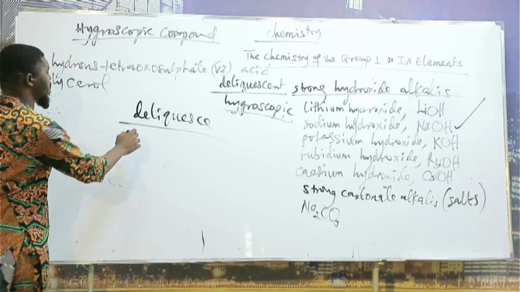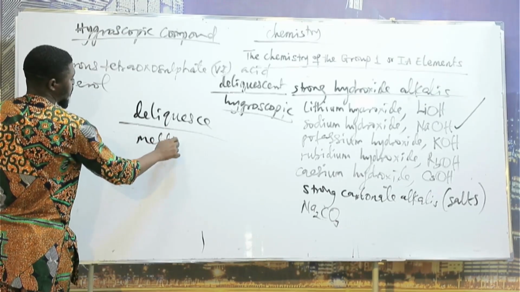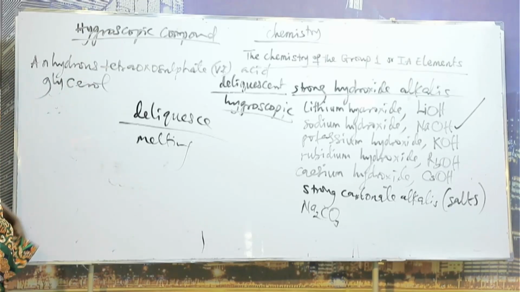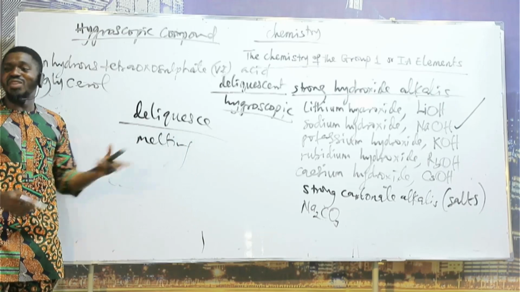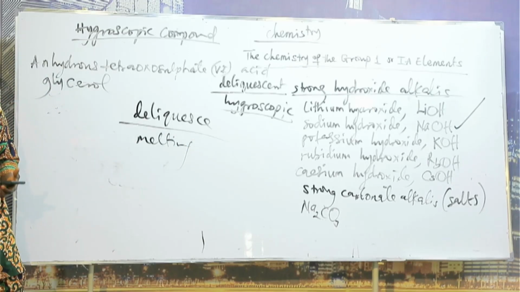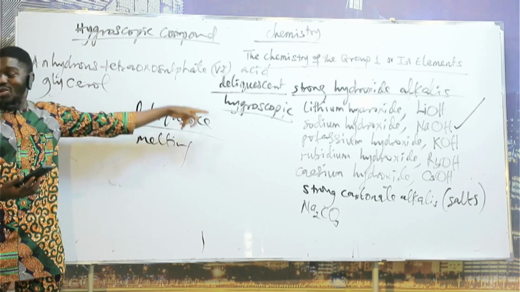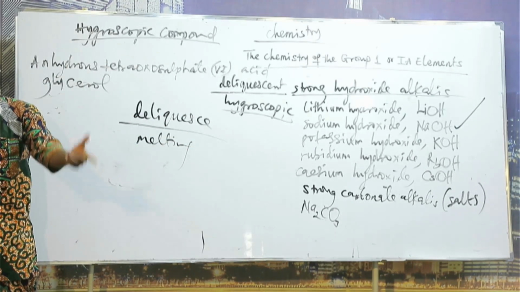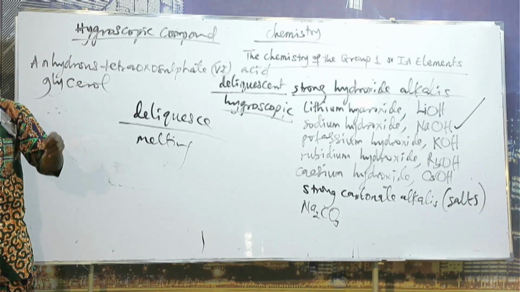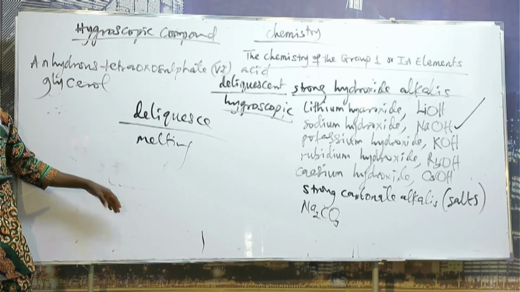Liquid. But you should also know that you have this word melting. Do you know that? Melting also means a solid to turn into liquid. What is now the difference between the two of them? This one is solid turning into liquid, deliquescing. Melting is also a solid to turn into liquid. Okay? So what is different between the two of them?